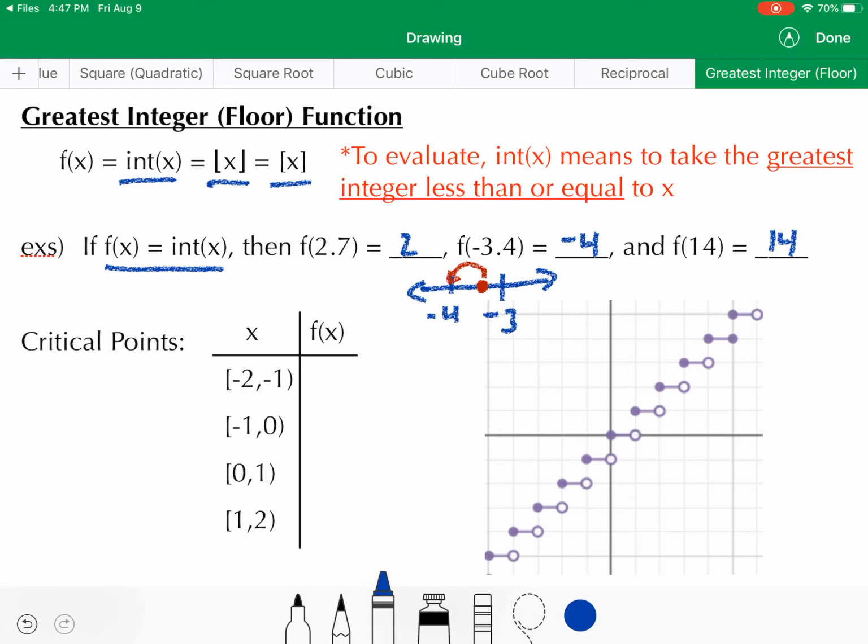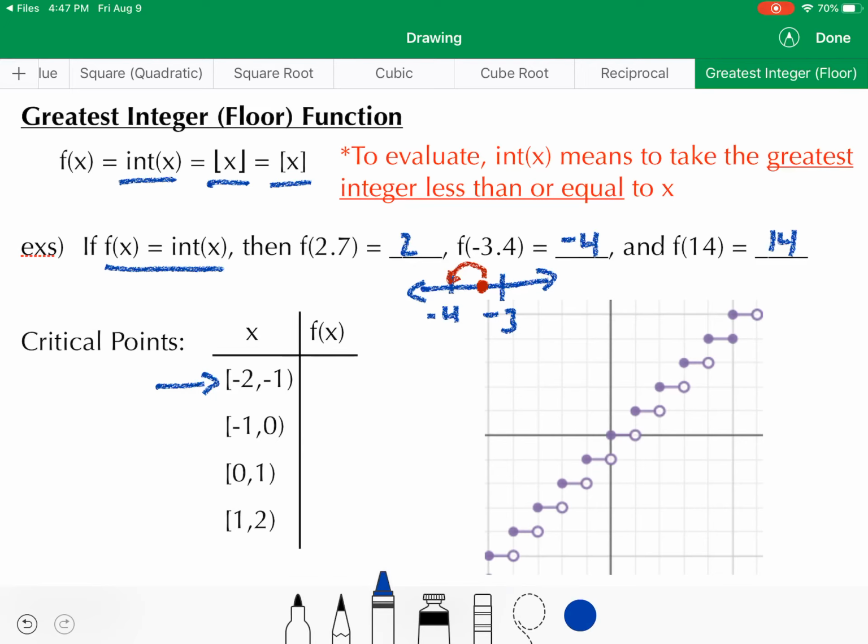All right, now graphing the greatest integer function is unlike any other functions. We can still make a table of values, but notice that in my x column of the table, I'm not using an individual value for x. I have it set up to where I'm using intervals. So right here is an interval from -2 to -1.